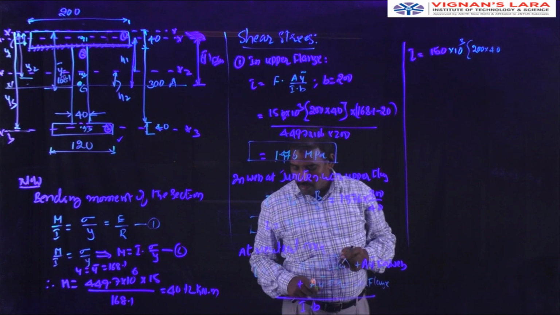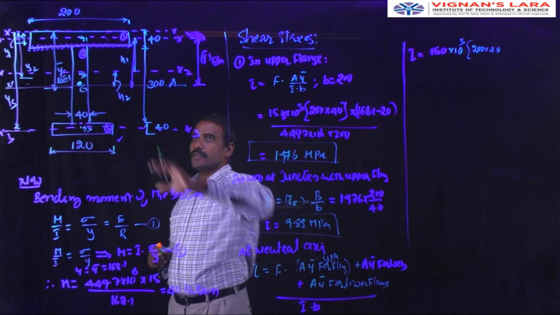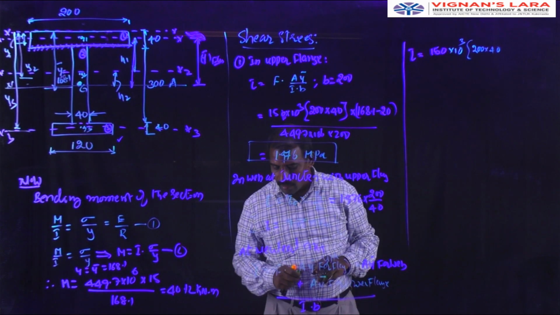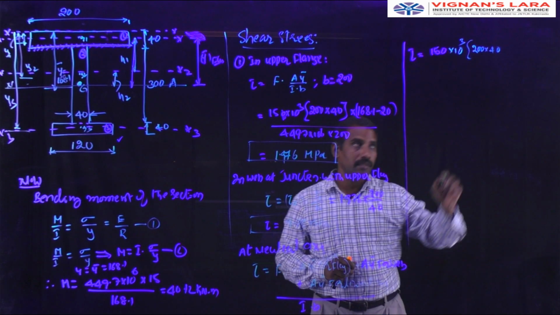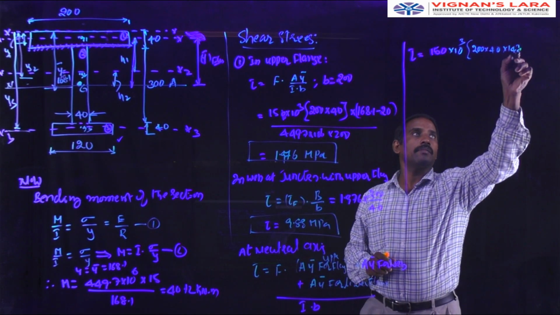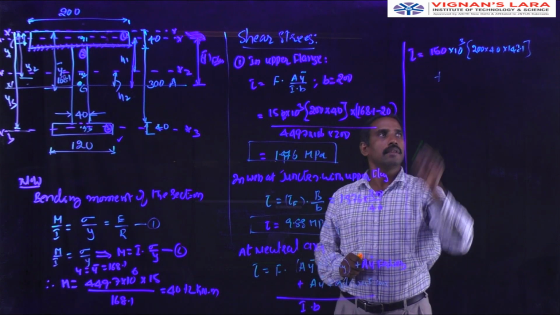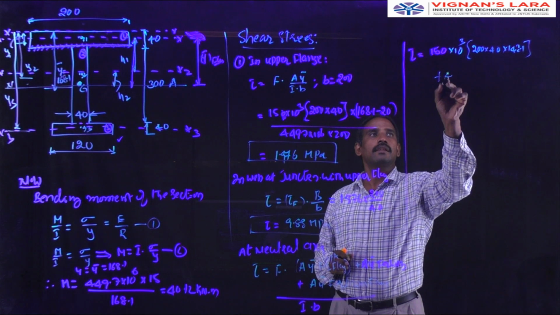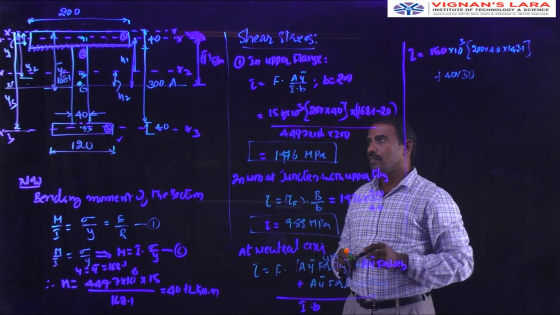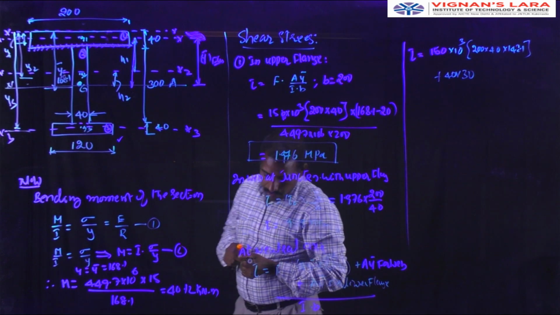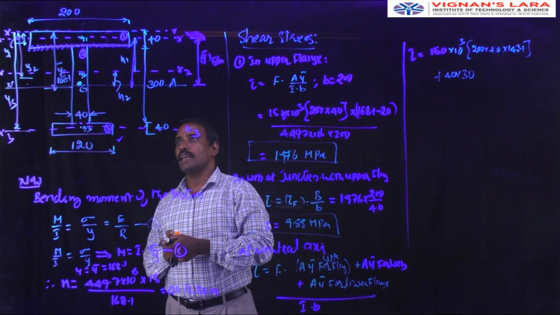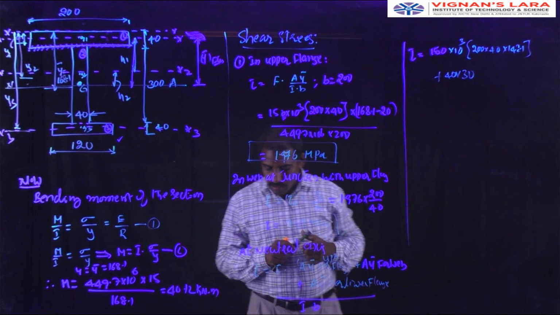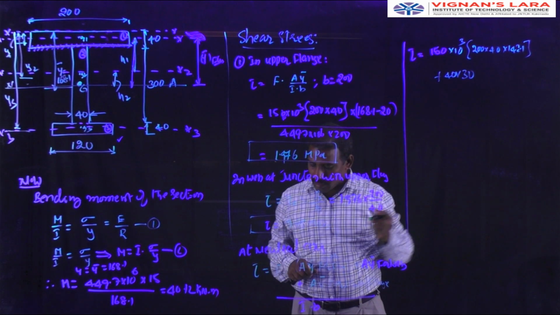What about the y bar? That is the centroidal distance from the neutral axis to the centroid of the flange, a known value, 148.1. Plus, coming to the second element, the rectangle, 40 into 300. The y bar is the centroidal distance from the neutral axis to the centroid of this one, that is 128.1.